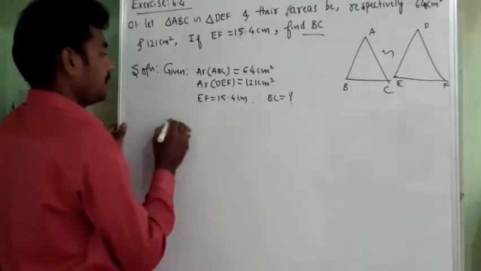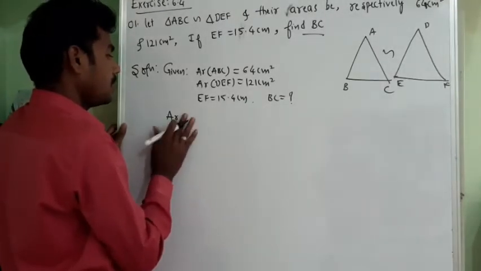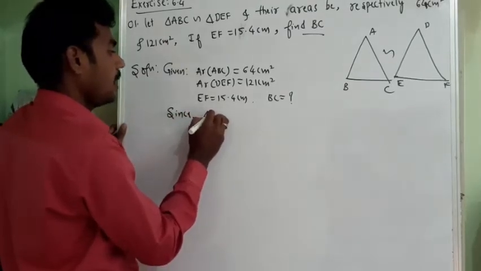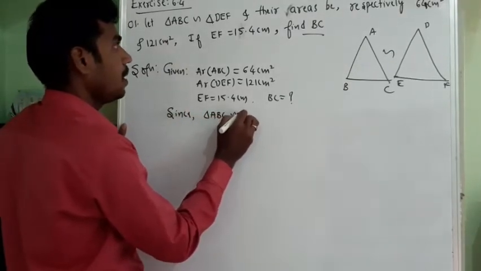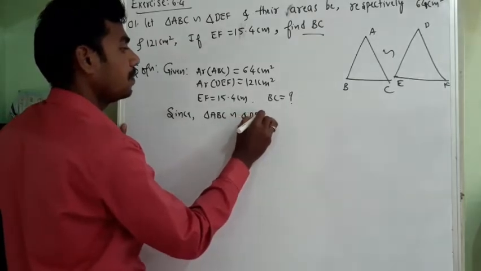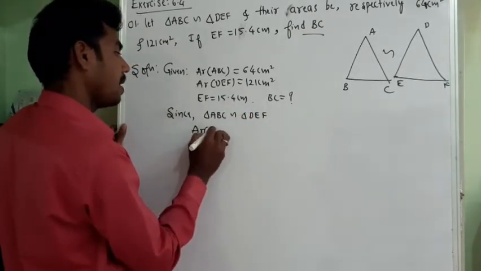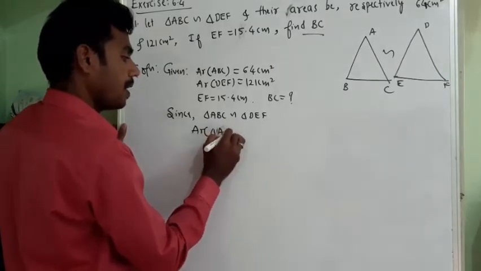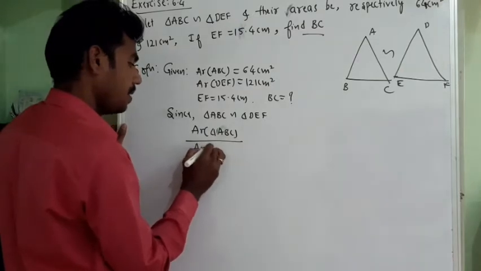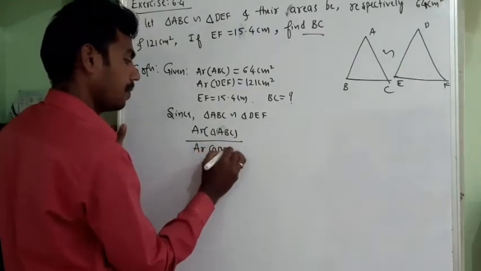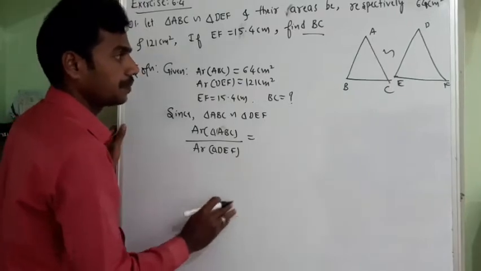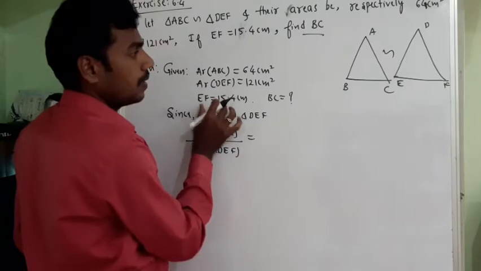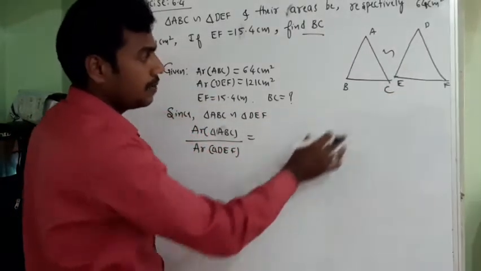Since triangle ABC is similar to triangle DEF, area of triangle ABC divided by area of triangle DEF is equal to, since EF is given, the corresponding side for EF, that is BC.